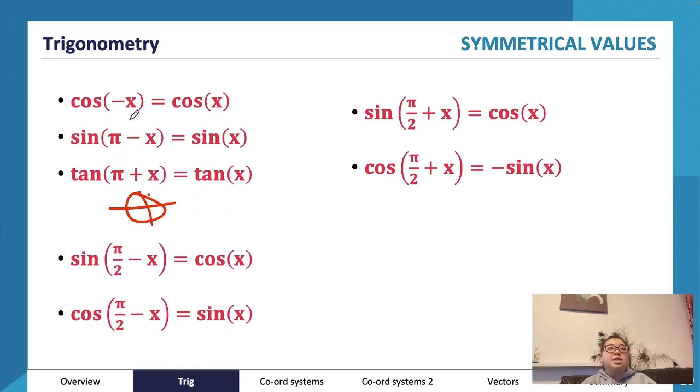Essentially, your pi minus x and your pi plus x are just going to be up here or down here, so you can figure it out from there. These are essentially just saying what they're equivalent to, because if you imagine this is in the 4th quadrant, this is in the 2nd quadrant, and this is in the 3rd quadrant, which we talked about using the CAST acronym, that tan was positive in 3rd, sine was positive in 2nd, and cos was positive in 4th.